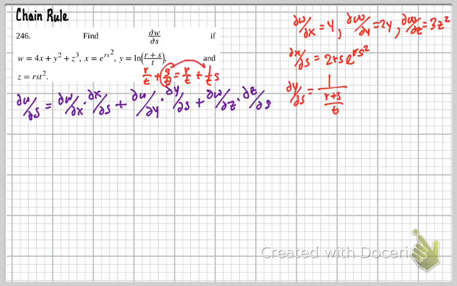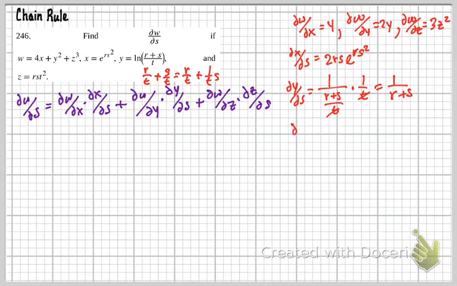So 1 over t is the constant of my s. So when I take that derivative with respect to s, that chain rule is just going to be 1 over t. And those t's will cancel. Very strange. So I end up with a 1 over r plus s. Hopefully you're okay with that. If not, get a hold of me.